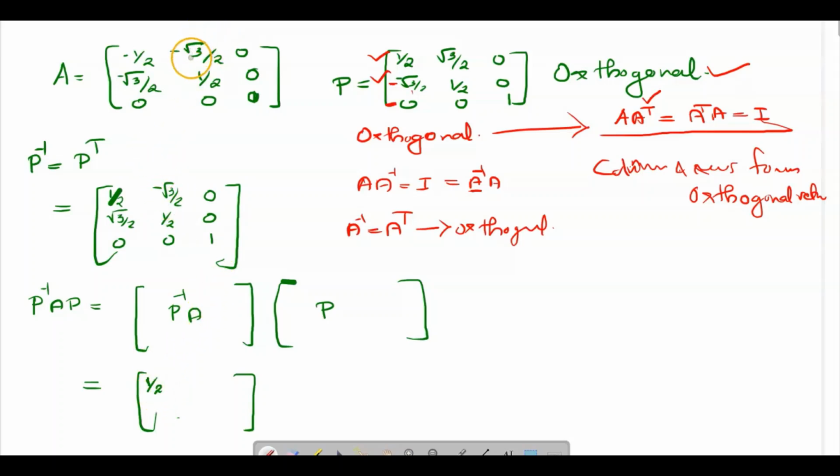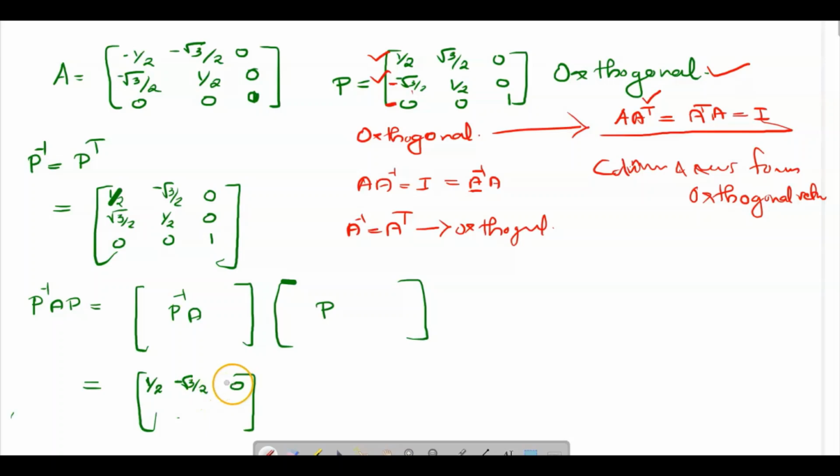Now this is minus root 3 by 4, not plus, this is minus, minus root 3 by 4 minus root 3 by 4 plus 0. That means minus 2 root 3 by 4, that is minus root 3 by 2.